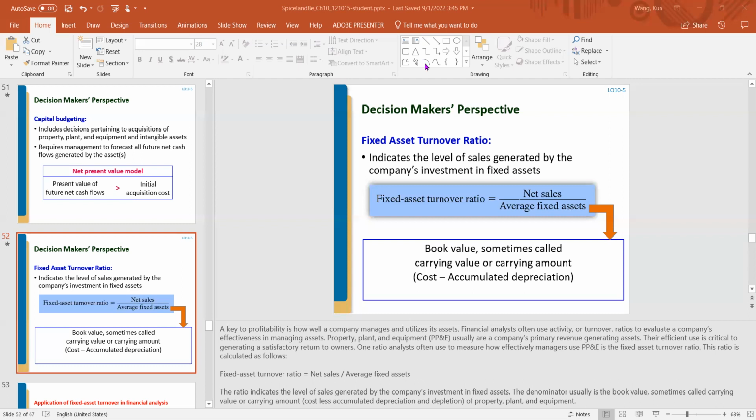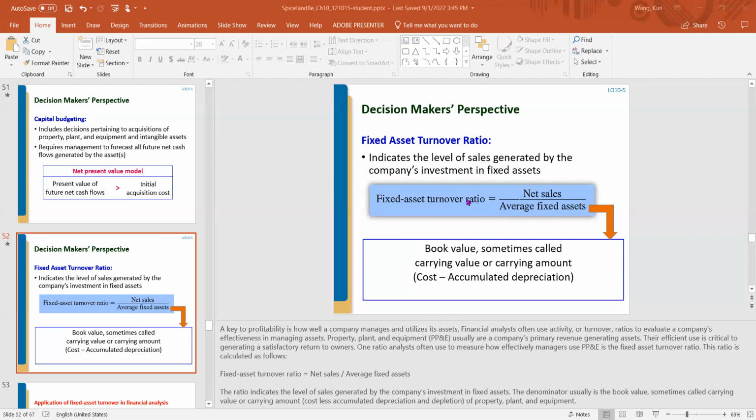We know the book value or carrying value equals the cost of the fixed assets minus the accumulated depreciation. So how we can use the fixed assets to improve this ratio is more complex than a simple increase or decrease in net sales, because this is a division, right? So the ratio is a division.